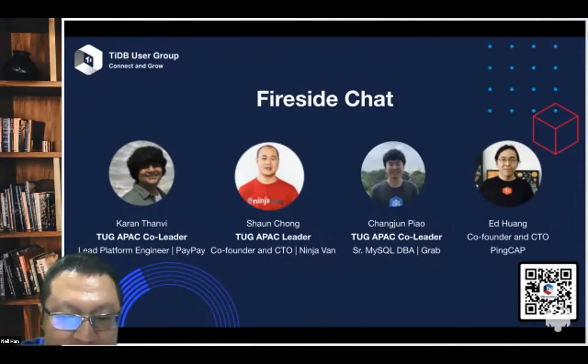Before TiDB, we were using AWS Aurora. We still use Aurora for some use cases where we have not introduced TiDB. I would say the experience is a little different, because Aurora is very close to MySQL.